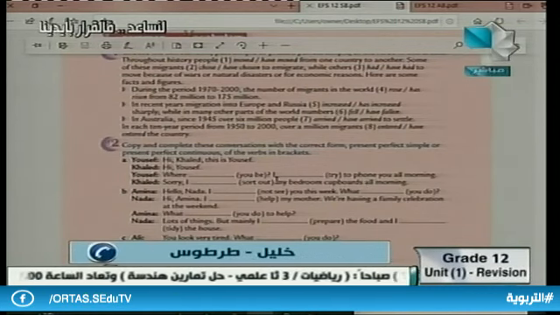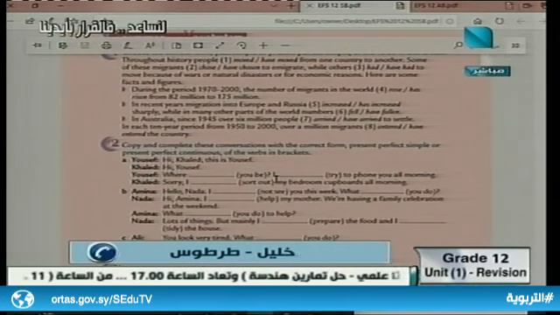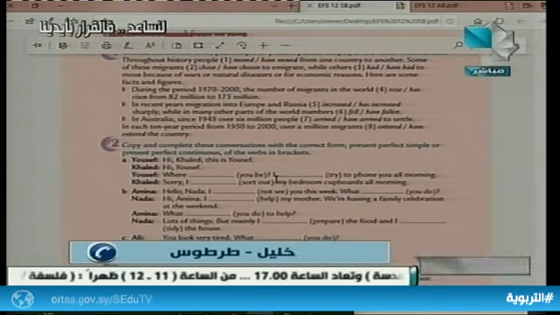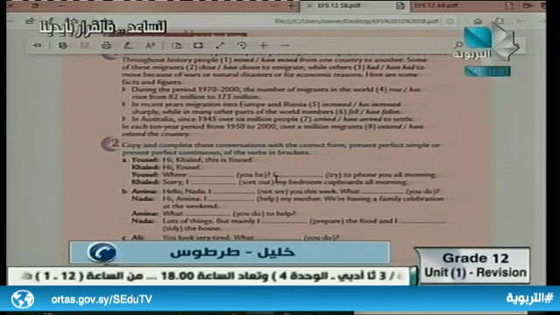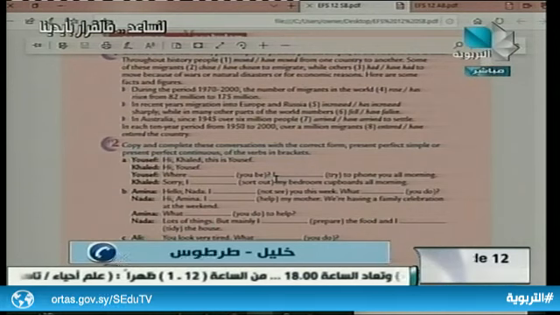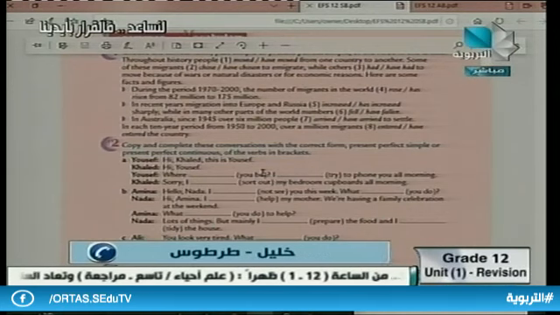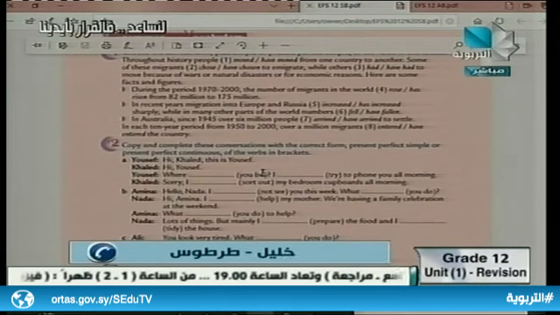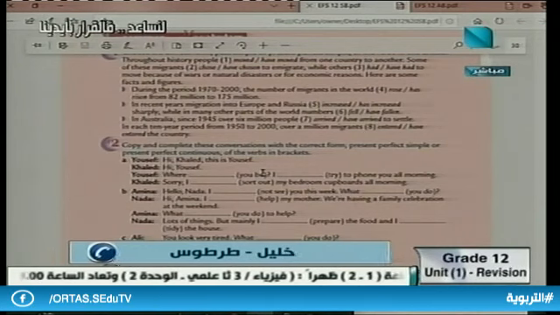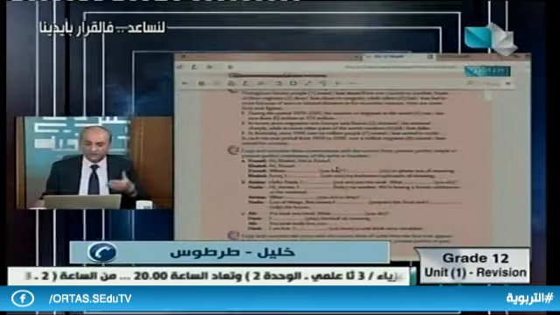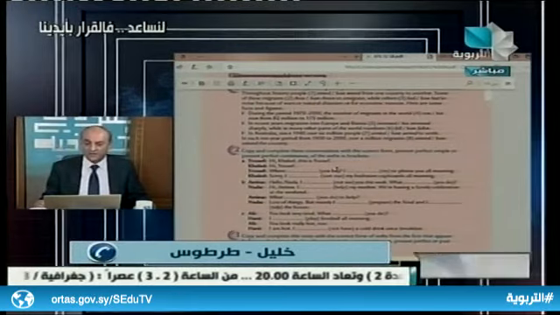That's it. Here, Khalil, after we finish explaining the text of the Geneva Convention, we are going to explain the tenses for you. Maybe you get confused, or some students, not only you, get confused when dealing with the present perfect simple and the present perfect continuous. But for the time being, I can answer you.